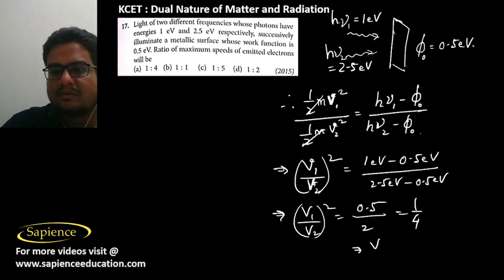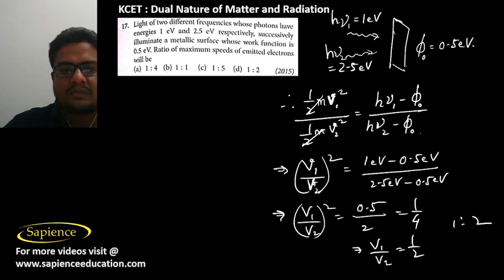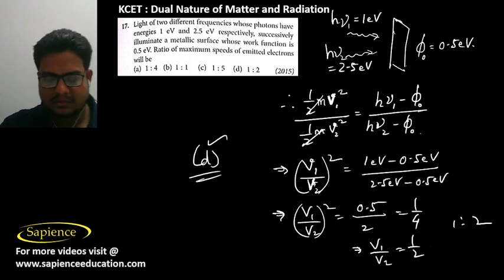Therefore v1 by v2 is 1 by 2. Therefore the ratio is 1:2, and D is the correct answer.